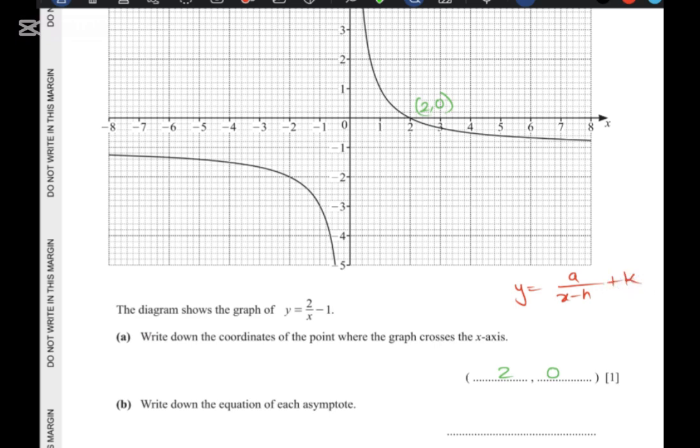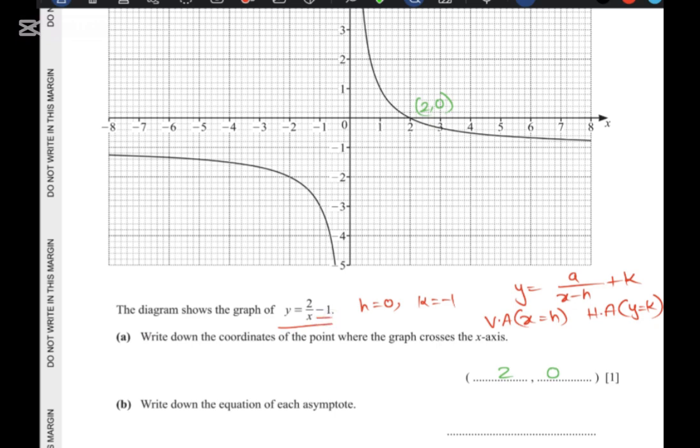When this is there, the vertical asymptote is x is equal to h, and the horizontal asymptote will be y is equal to k. So when you take this equation here, in the place of h there is 0, h is 0, and k is minus 1.